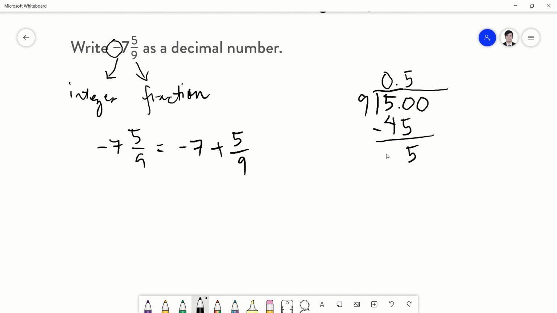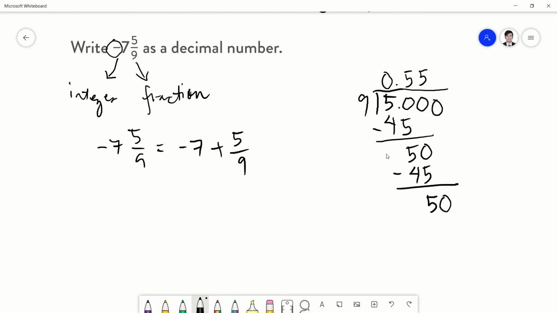Fill in 0. Bring down 0. 50 divided by 9 is 5. And 5 times 9 is 45. Subtract. That would be 5. Add another 0.